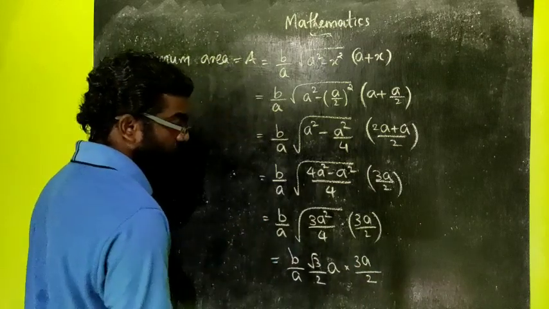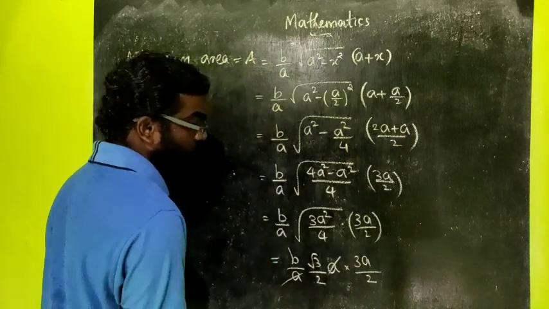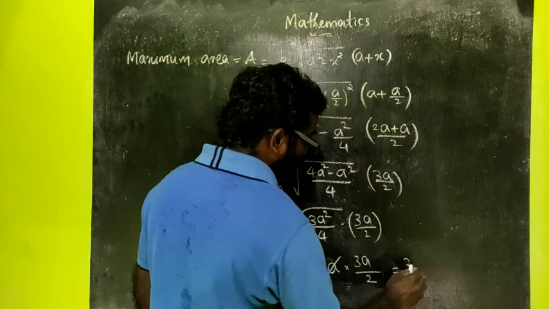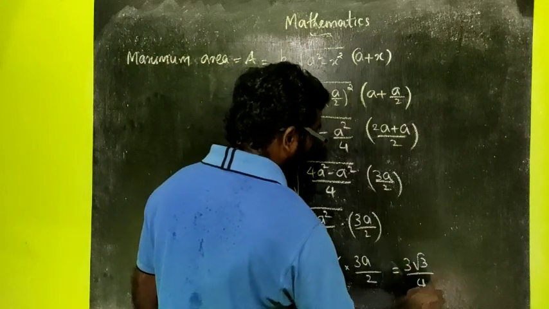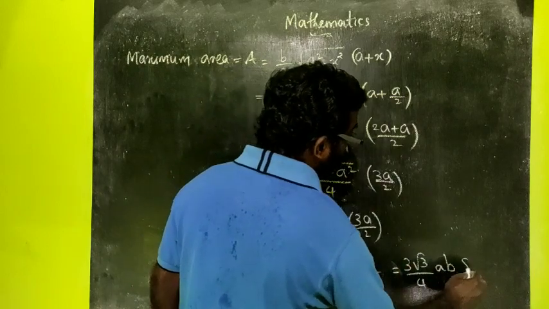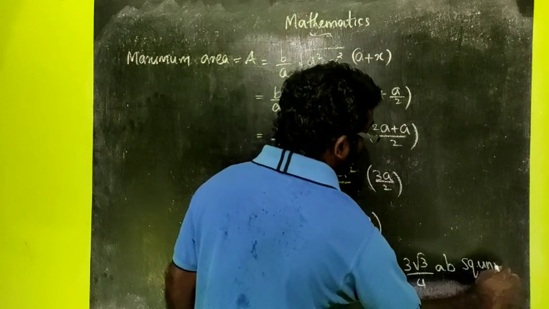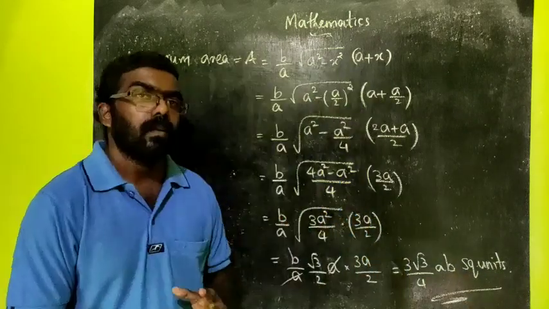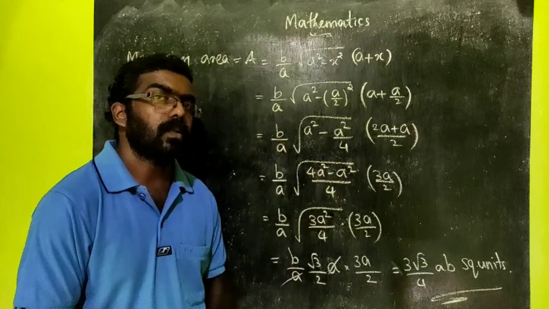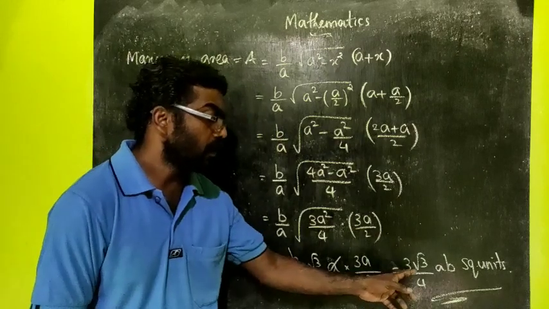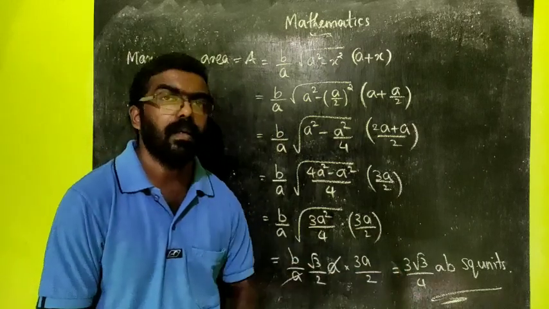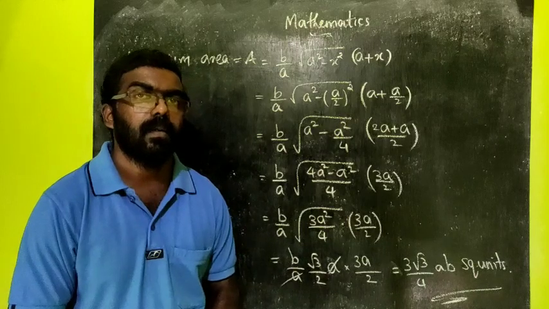This a and a we can cancel, and which is equal to 3 root 3 by 4 a b square units. So area of the isosceles triangle will be equal to 3 root 3 by 4 a b square units. Clear?